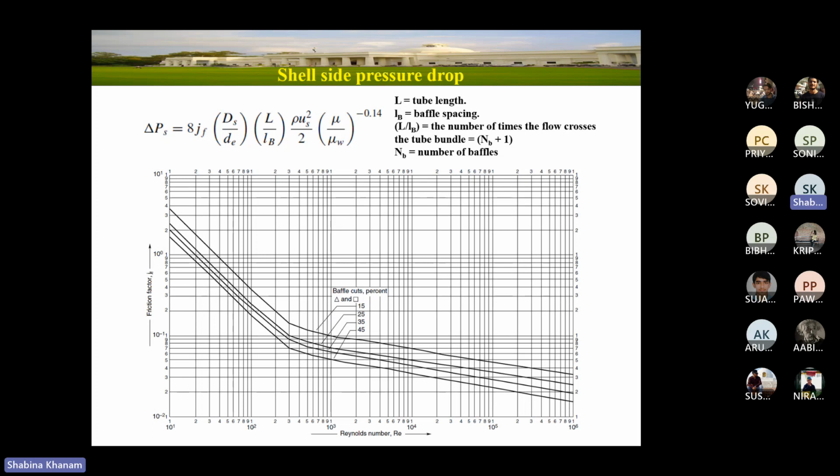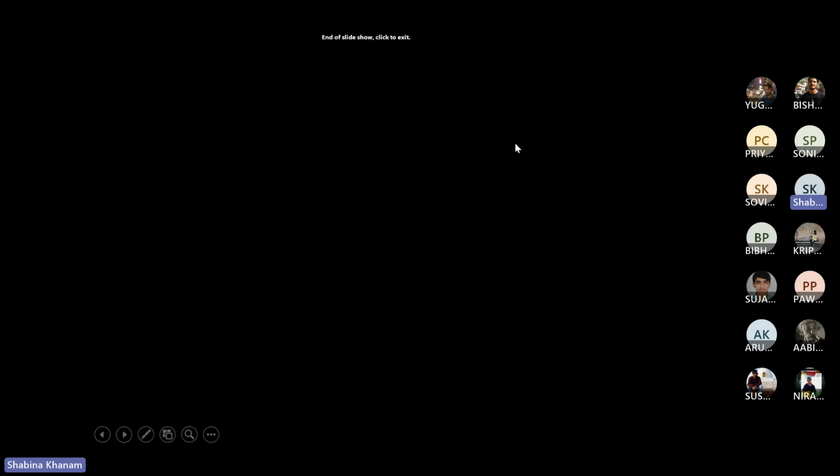Because at one end it will start from the tube sheet, and baffles are in between, so whatever number of baffles you have, plus 1 would be the baffle spacing. So L by LB you can find out by this NB plus 1. In that way you can find out the shell side pressure drop.